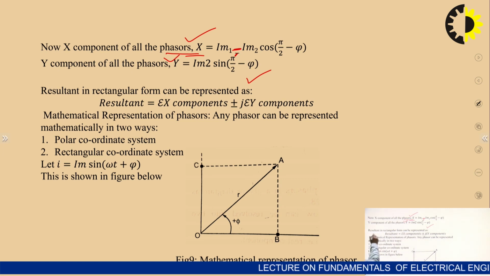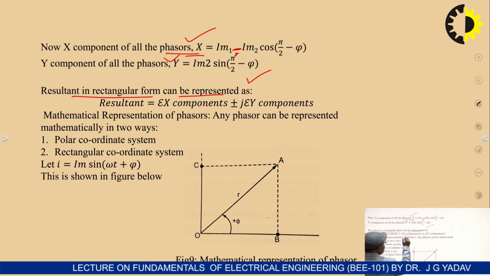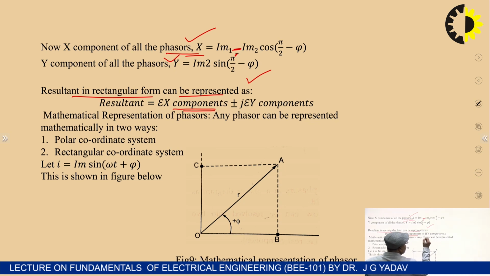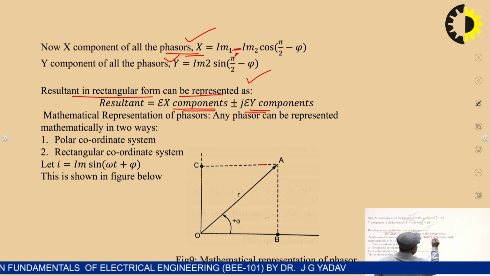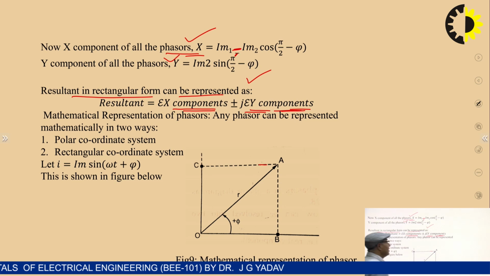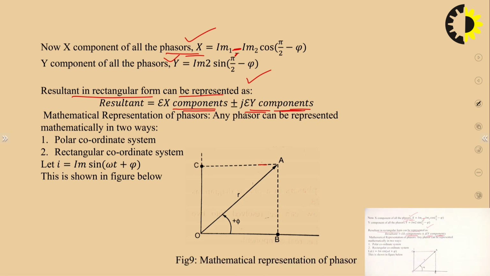Now the resultant in rectangular form is summation x component plus minus j summation y component. So you have got the resultant in rectangular form, and once you have it, you can convert it into polar form, you can write the equation, and so on, right.